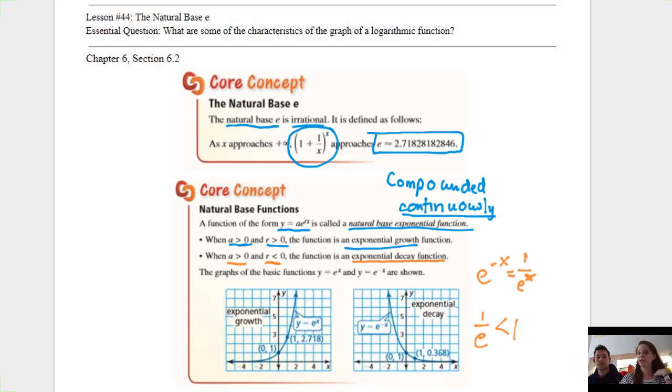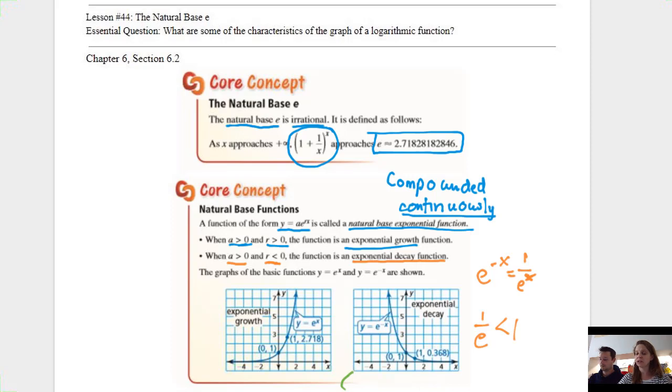And the exponent now isn't just x. In exponential growth, it was x or t. Now it's rx, some rate times the amount of whatever the time interval is. So we have the graphs of these parent functions, y equals e to the x and y equals e to the negative x.